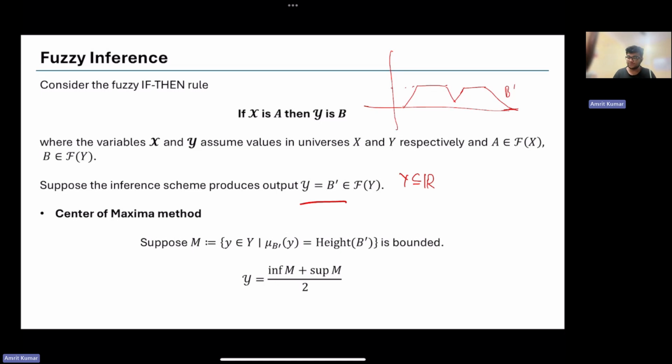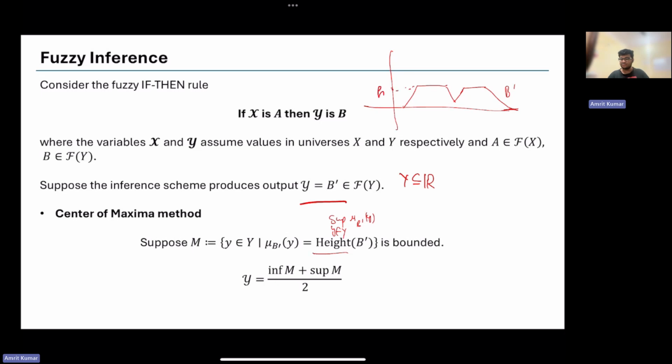Then you first of all compute the height of B dash. That is the maximum membership, the supremum of all the values that the membership function of B dash can possibly attain.